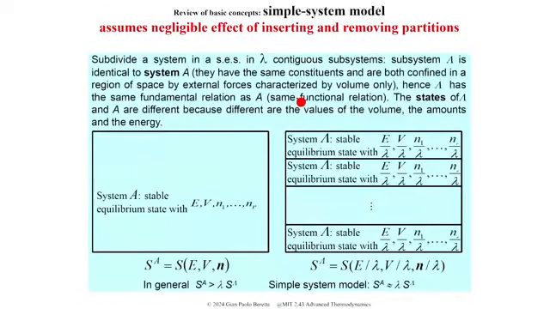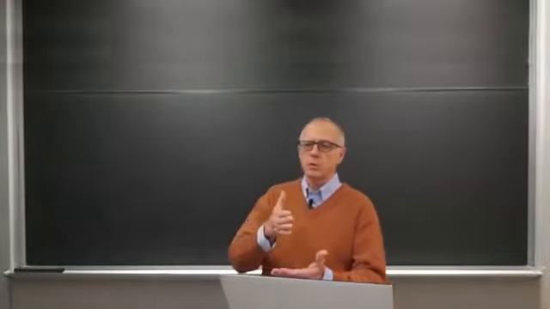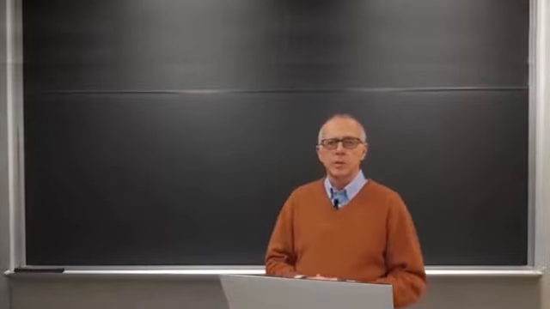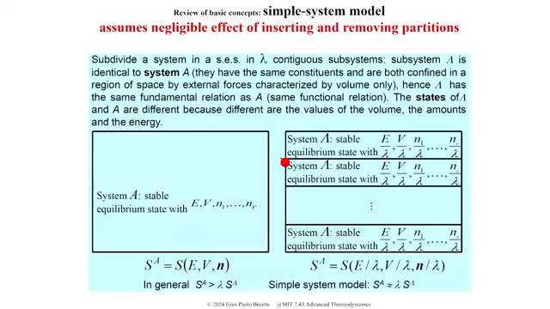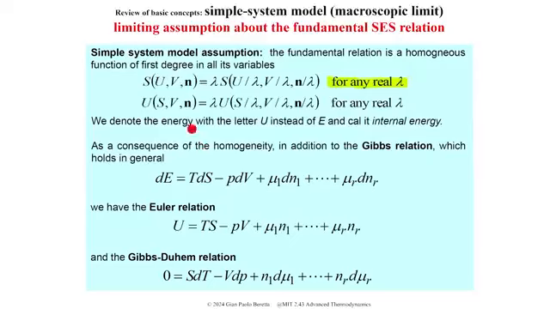And the idea is that in that limit, you can neglect essentially the effect of inserting or removing partitions from a stable equilibrium state. Mathematically, that is equivalent to assuming that the fundamental relation is a homogeneous function of first degree in all of its variables, meaning this.